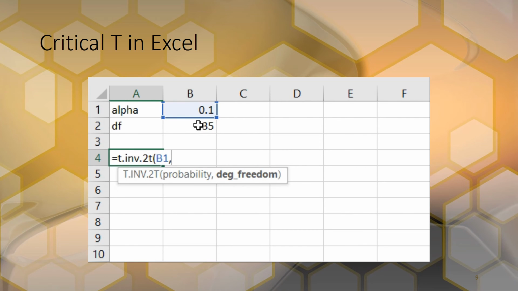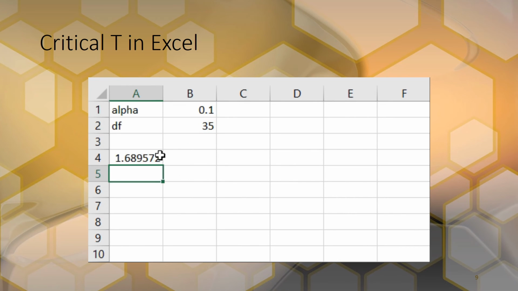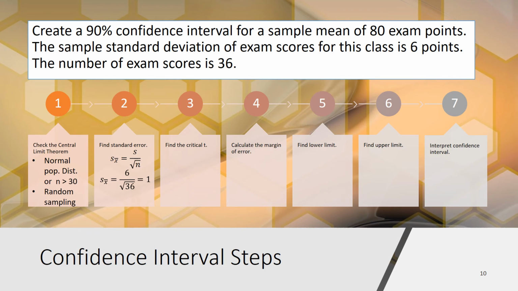Again, you can type out 35 or just click here. And then close your parentheses and press enter. So we have a critical T of 1.689572, and there you go. I found the critical T, and I'm just going to round it to 1.69.